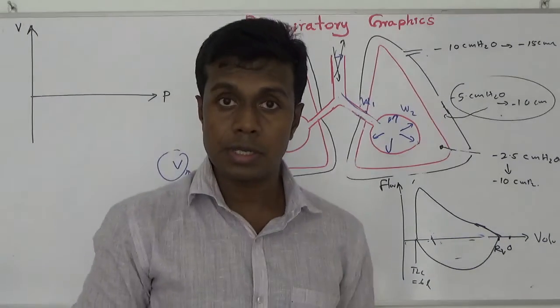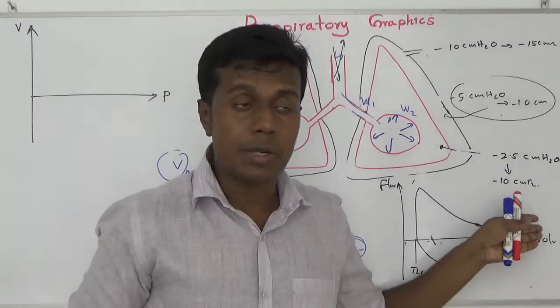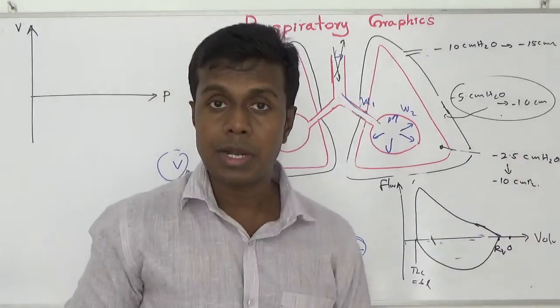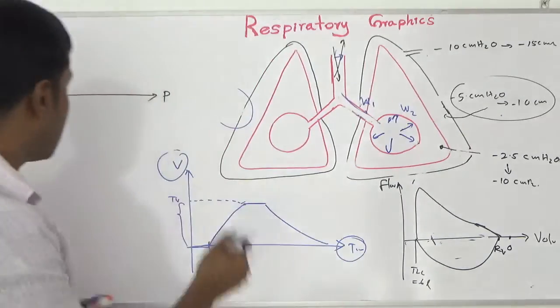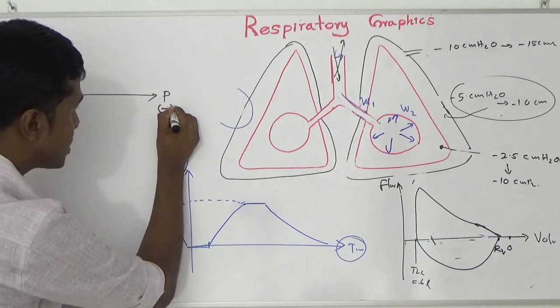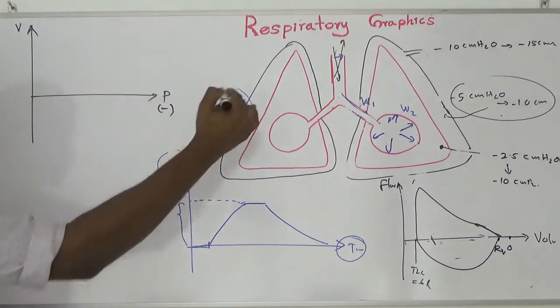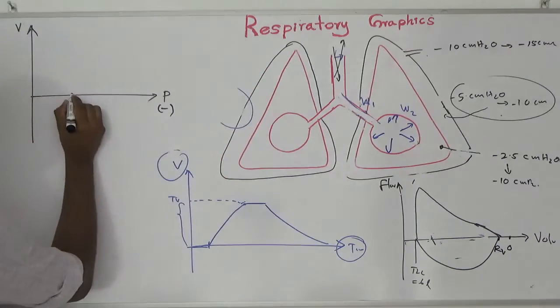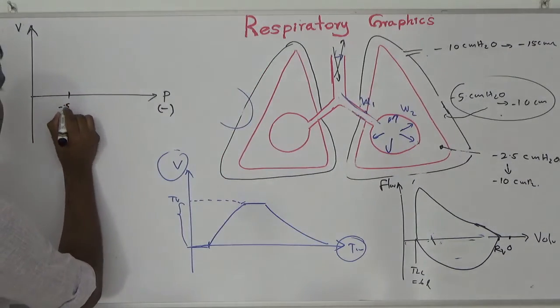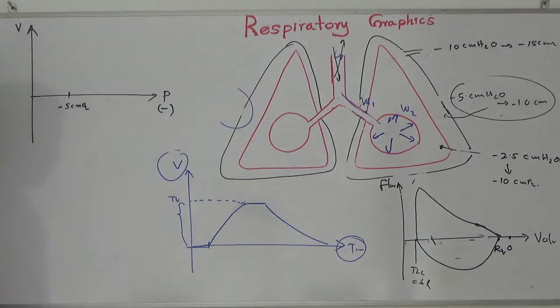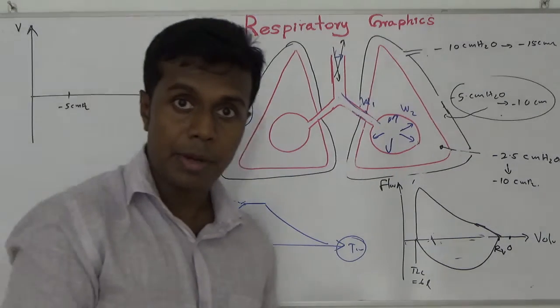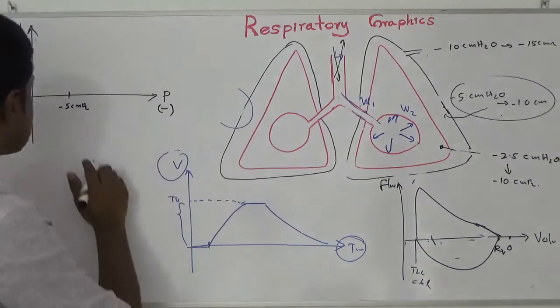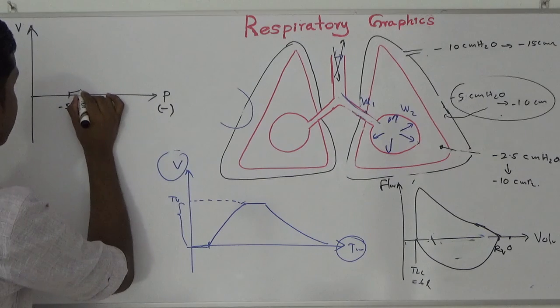When the negative pressure increased, my lung volume increased, so I put negative pressure here. From here to here the negative pressure increases. Initially I started with -5 centimeter H2O. Then I gradually fill my lung.